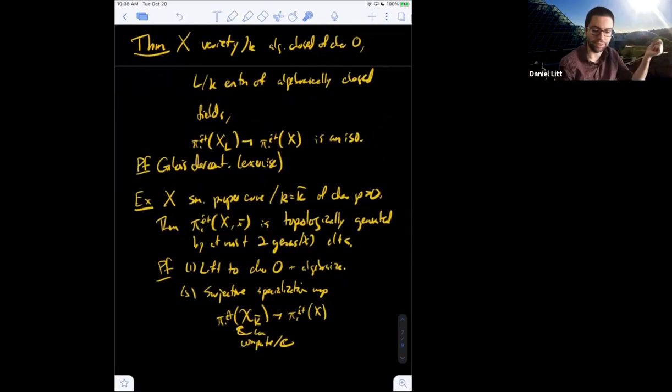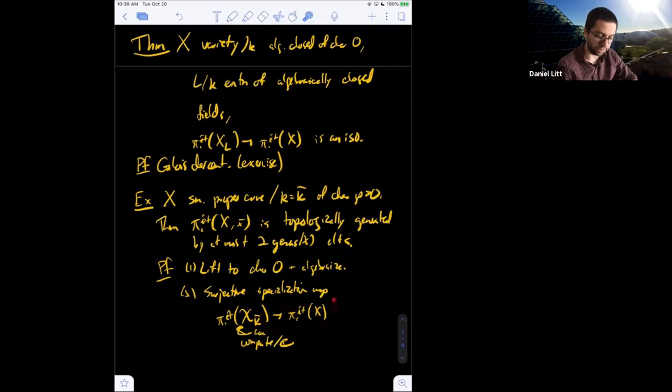But our X is always defined over the algebraic closure of some finitely generated subfield, which we can then embed in C. This theorem guarantees that pi1 doesn't change under descent to the algebraic closure of a finitely generated field and then embedding into C. So we can compute this using our comparison theorem. We know the fundamental group of a curve over the complex numbers is topologically generated by 2G elements. So now we're done by the surjectivity of this map.